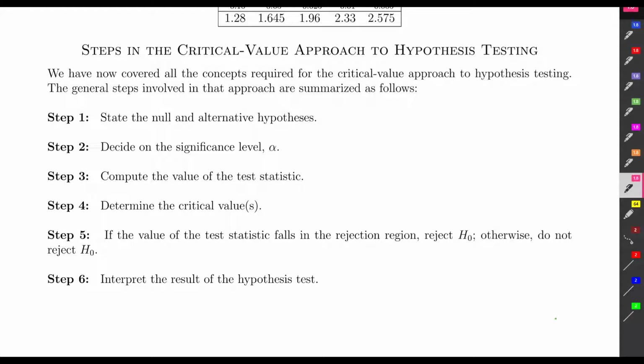If so, then you reject. If it falls to the right, then you do not reject. The opposite is true if it's a right-tailed test. If it falls to the right of that score, you reject. If it falls to the left, you do not reject. And with the two-tailed test, if it falls in between the two critical values, you do not reject.